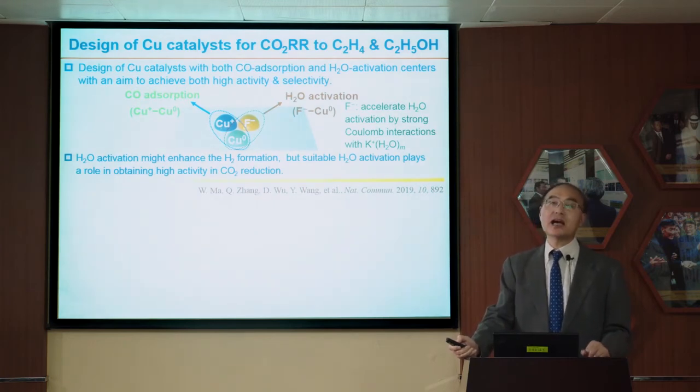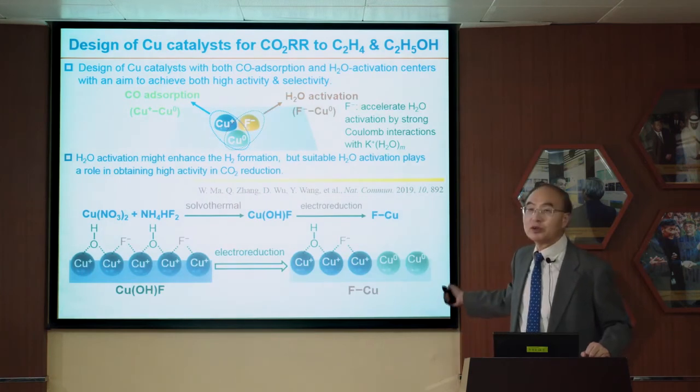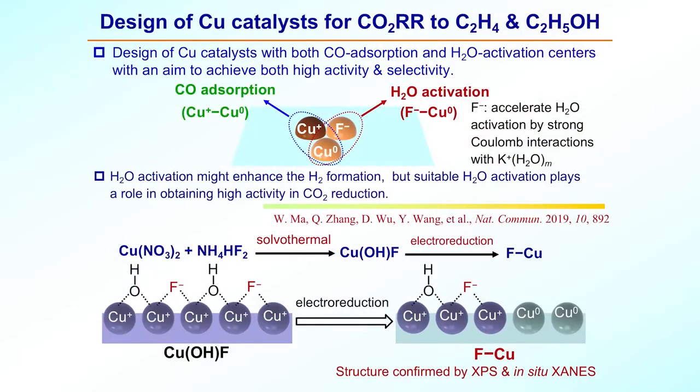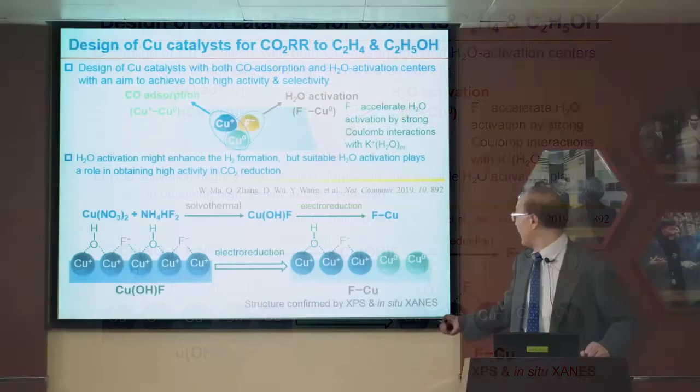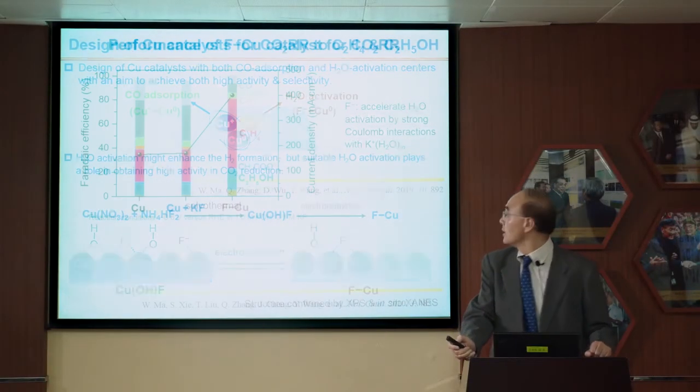So based on these ideas, we fabricated fluoride modified copper catalysts by a solvothermal method followed by electroreduction. The presence of surface fluoride species and Cu+ sites have been confirmed by XPS and in situ Raman characterizations.